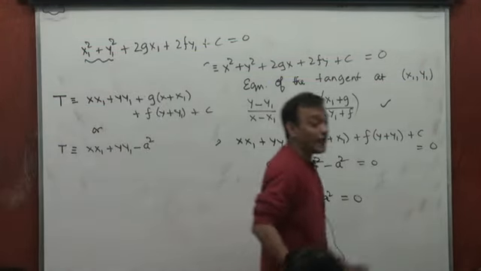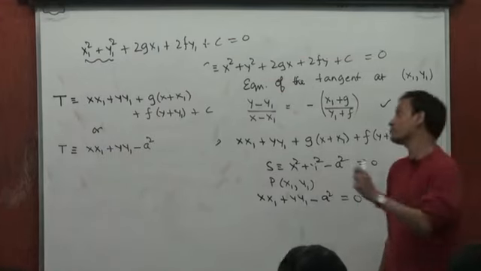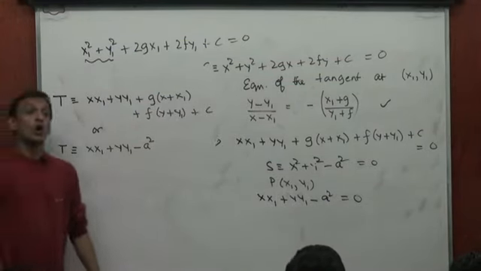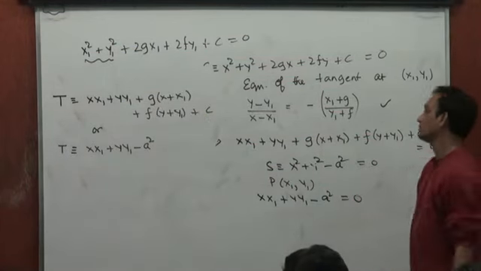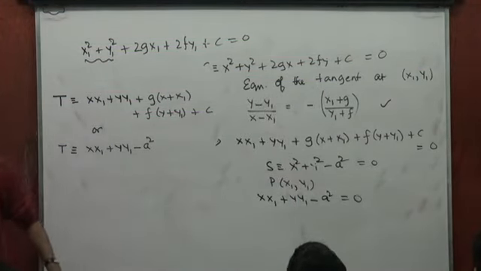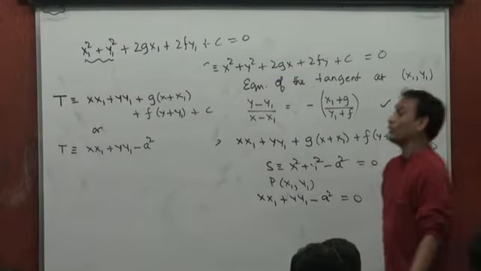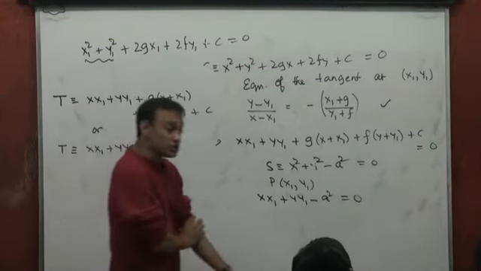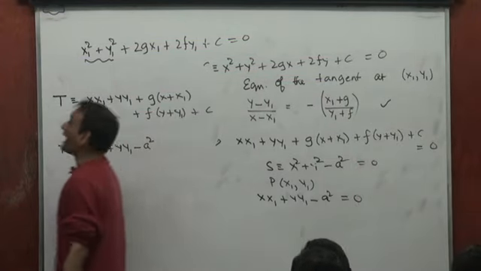And if x1 y1 be a point on the circle, then T equal to 0, only then T equal to 0 represents the equation of the tangent at x1 y1.